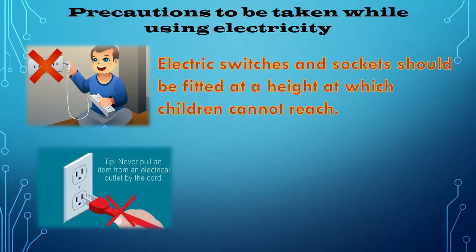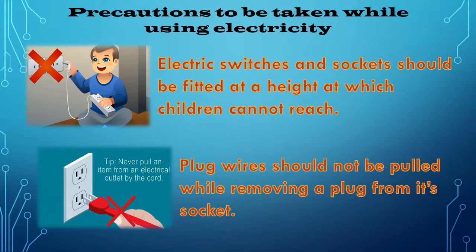As you can see in the second picture, plug wires should not be pulled while removing a plug from its socket. While doing so, the entire socket may come along with the wire and it may lead to a severe accident.